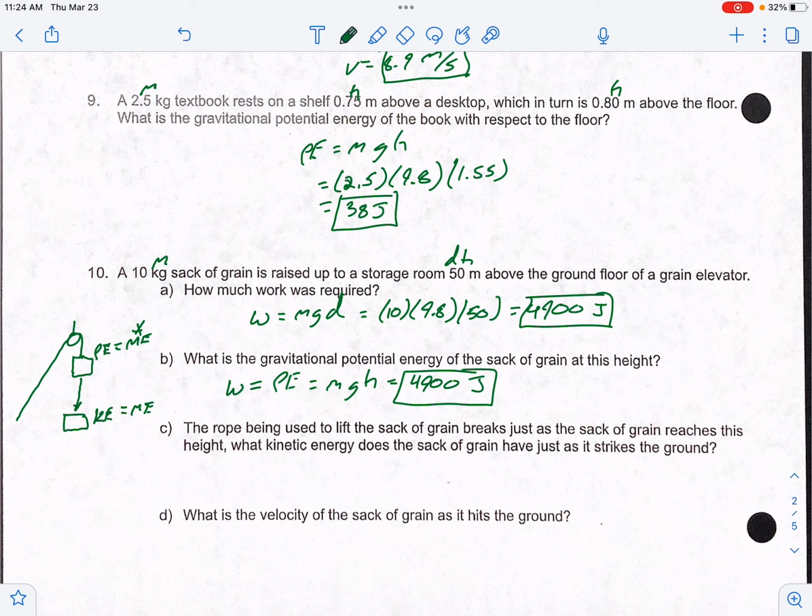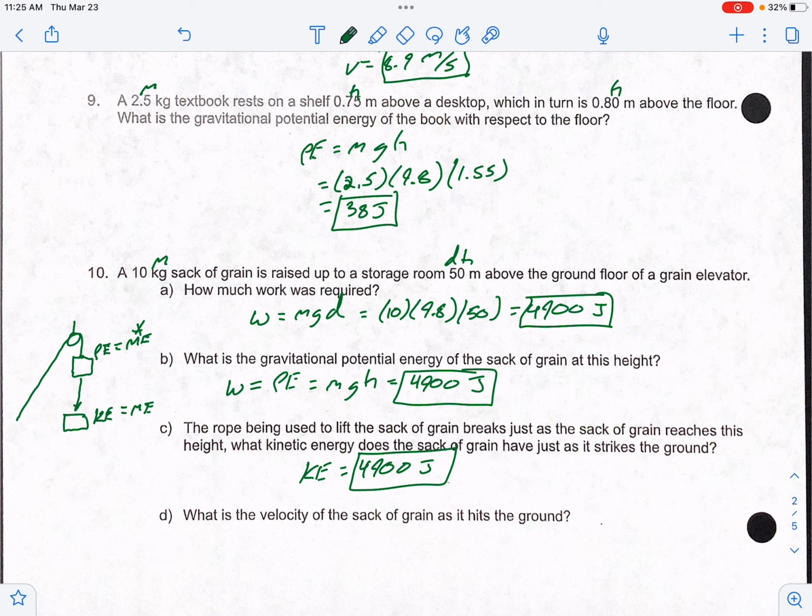So now my mechanical energy is just kinetic energy. That's a real important concept to remember, is that your mechanical energy does not change. It just shifts between potential and kinetic. So whenever it hits the ground, we're not going to lose energy, and your kinetic energy is going to be the same thing. So 4,900 joules. It just shifted from potential to kinetic.